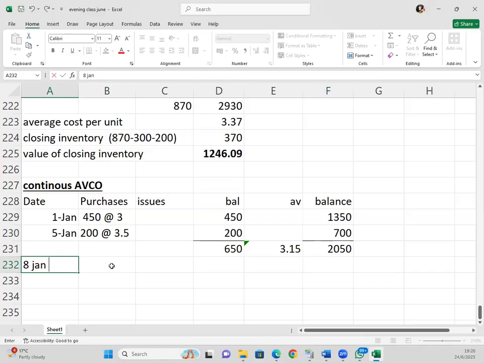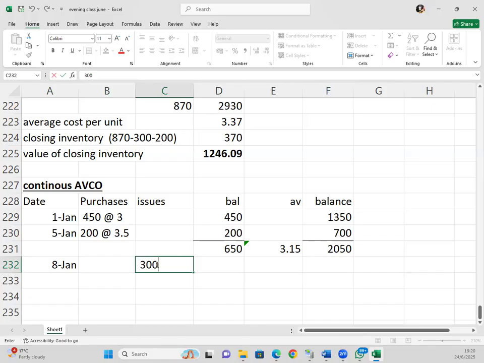What happened on the 8th? We sold. So the sales, we put them under the issues column. How many units did we sell? Is it 300? Please take note here.